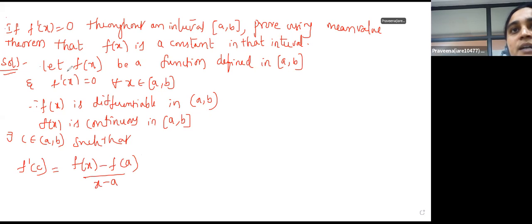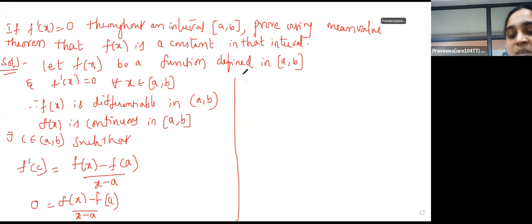From the given question, what is f dash of x? 0. So f dash of c is 0, equal to f of x minus f of a by x minus a. Take the cross multiplication: f of x minus f of a is equal to 0, that is f of x is equal to f of a. Students, f of x is what?